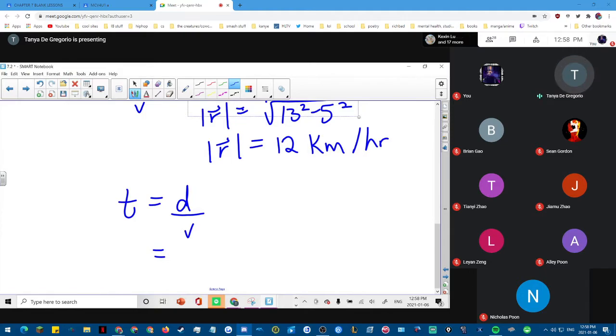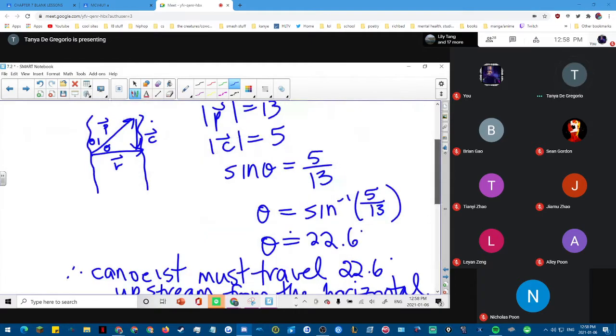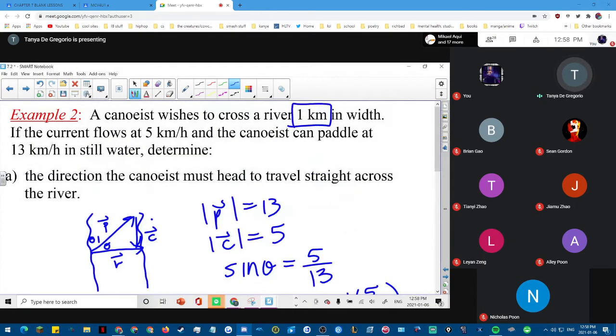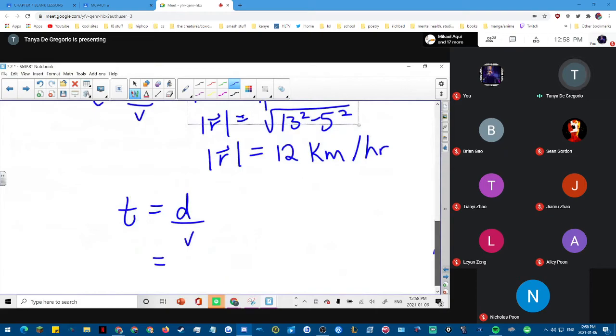And so what do I sub in? 1/12. Excellent. They've already told us that the river is 1 kilometer in width, so we know the distance. And we found our velocity.